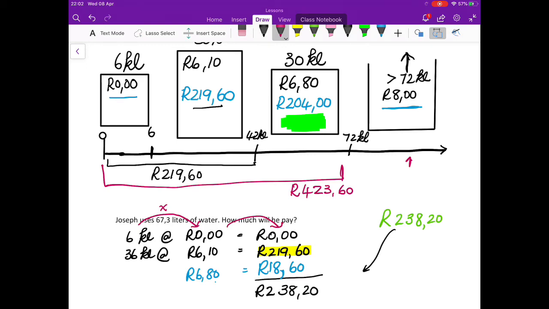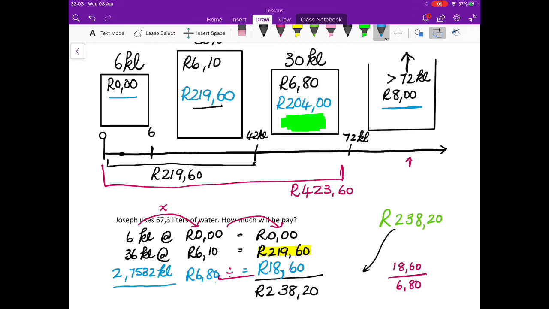So when we work that way, we multiply to get the answer. So when we are working this way, the inverse operation is divide. So I'm going to say 18 Rand 60 divided by 6 Rand 80. And if I go and do that on my calculator, you will see that you get 2,7532 kiloliters.